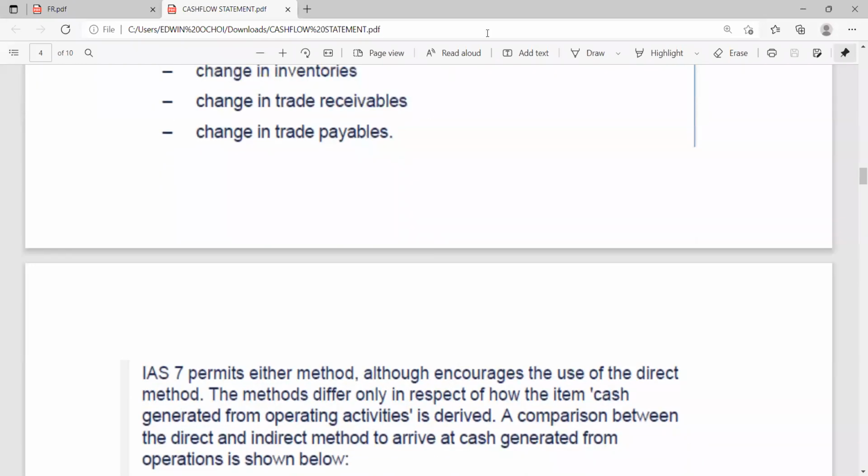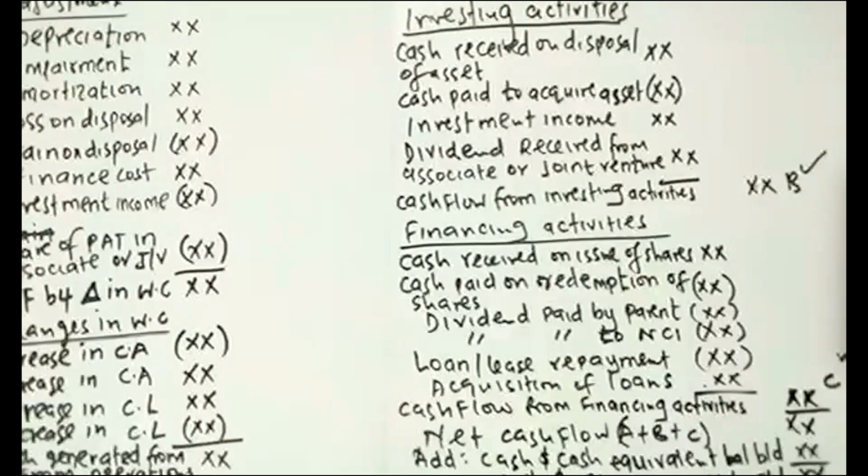So I would like to draw that small format of a direct. The only part is operating activities, which involves cash received from customers, cash paid to suppliers, and cash paid to employees. For the investing and financing, they are the same in both the direct and indirect method.